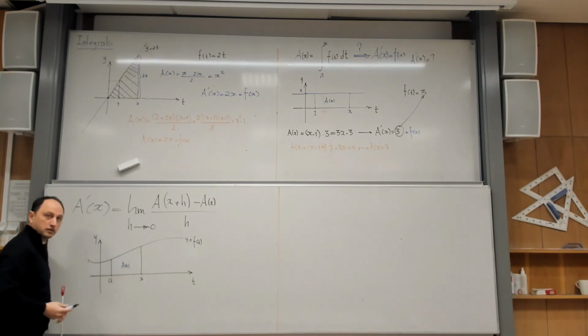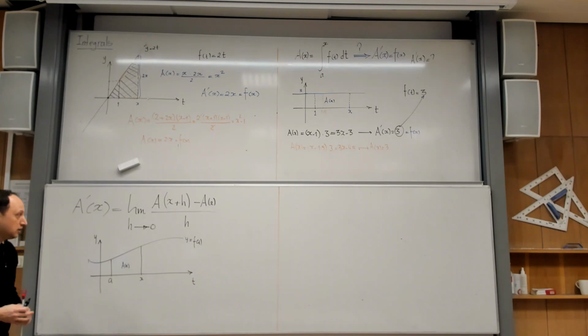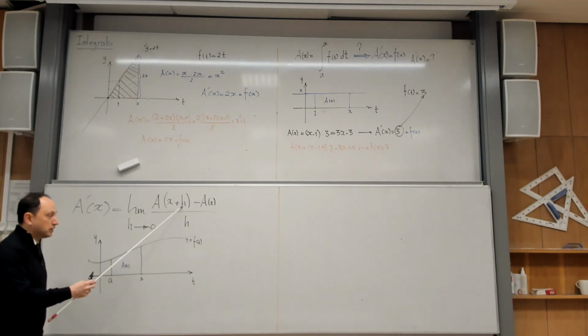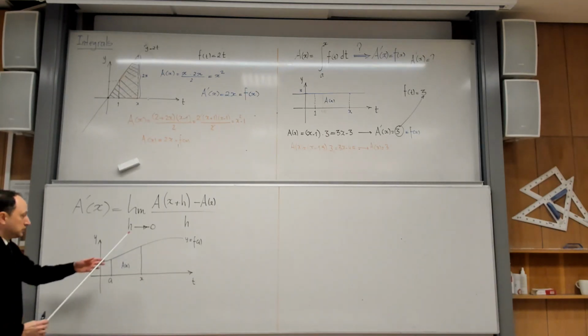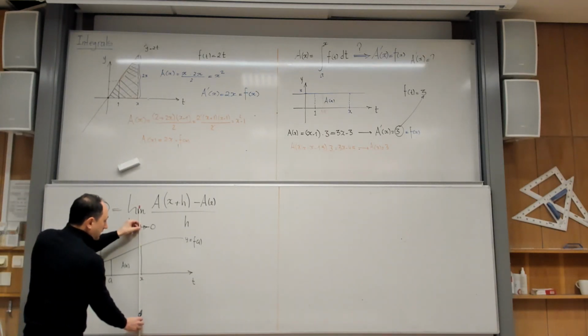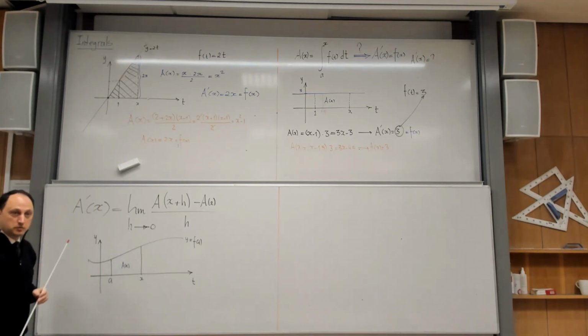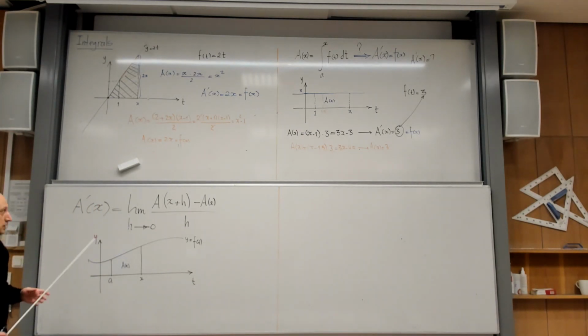But now, what is A of x plus h? It means that would be the same area, but I move this line a little bit more to the right, x plus h. Is that right?